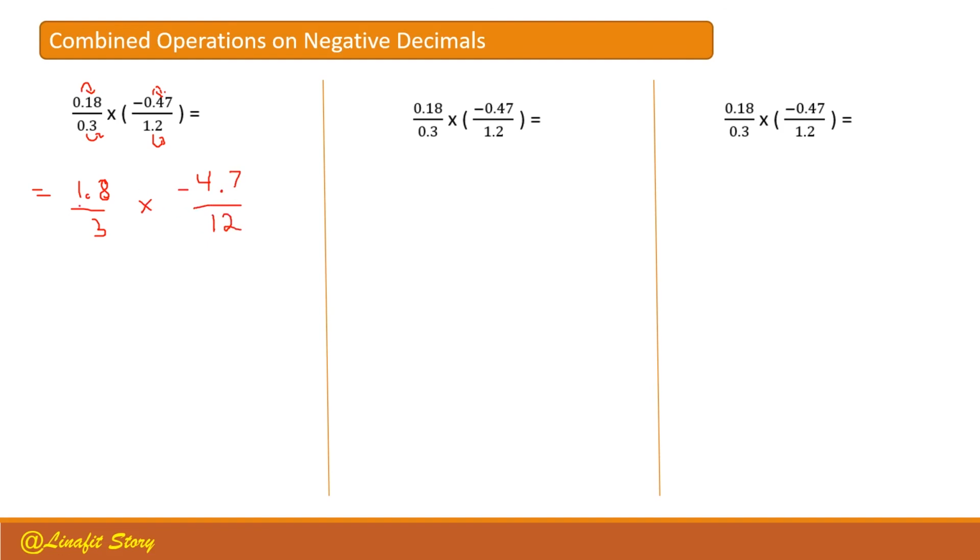You may cancel 1.8 with 3. If 18 divided by 3 is 6, so 1.8 divided by 3 is 0.6.